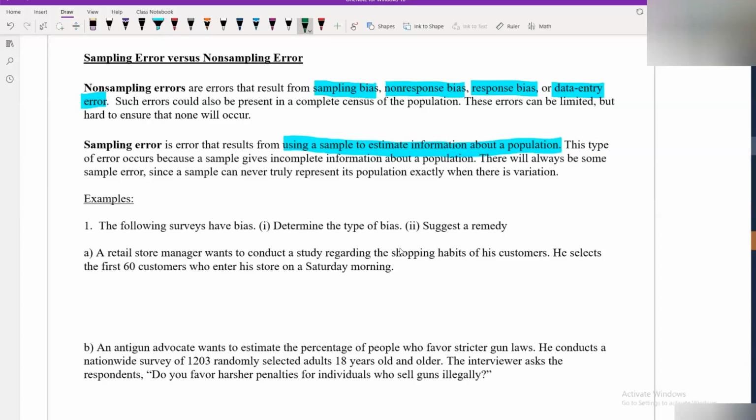For example, such errors could also be present in an incomplete census of a population. These errors can be limited, but it is hard to ensure that none will occur. So for example, what if we had a survey, but there are homeless people who are not able to complete that survey.